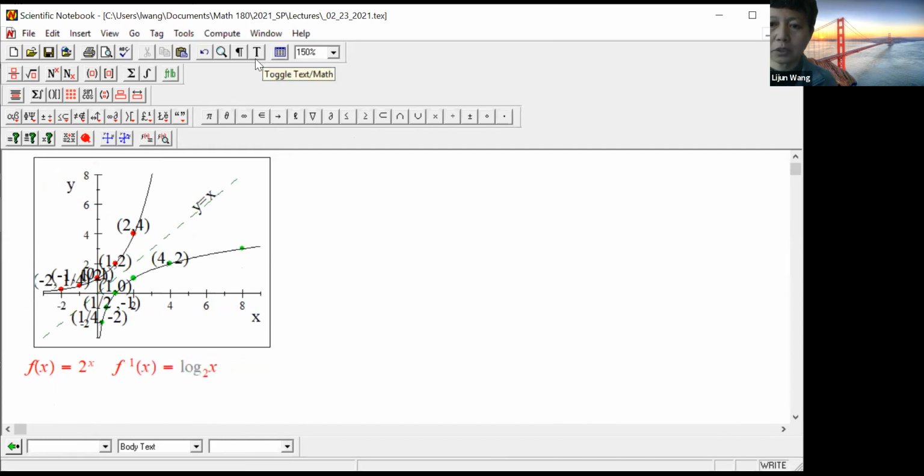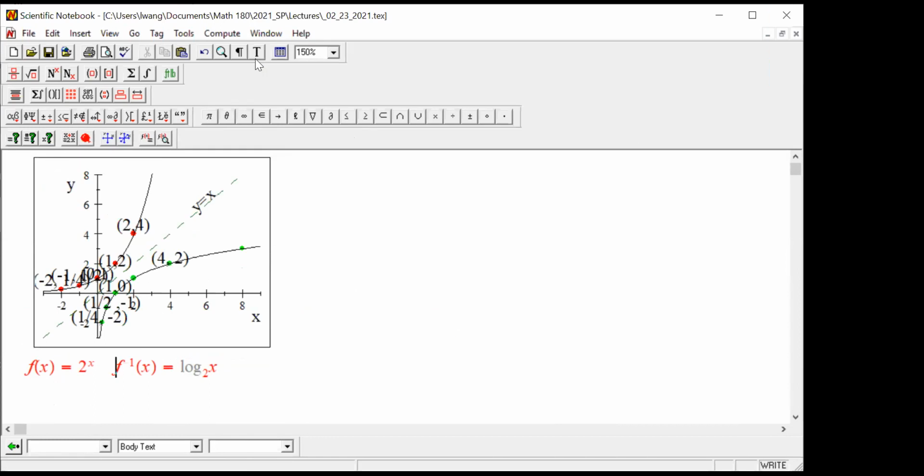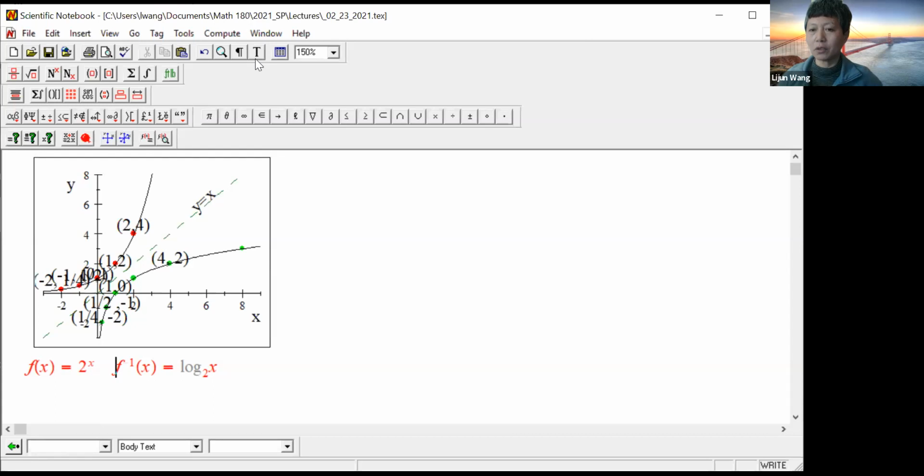Are they increasing or decreasing? I think 2 to the power x is increasing, and log base 2 of x is increasing too. Let me explain how you read it.